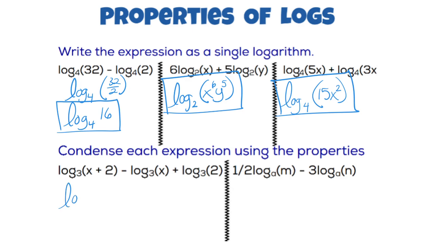So log base 3 of, I'm going to have this x plus 2, keep it in parentheses. This plus here is not the same as adding 2 separate logs. It's not that. This is just a quantity. The argument happens to be a binomial. Then I see subtraction that I'm going to turn into division and put an x down here.